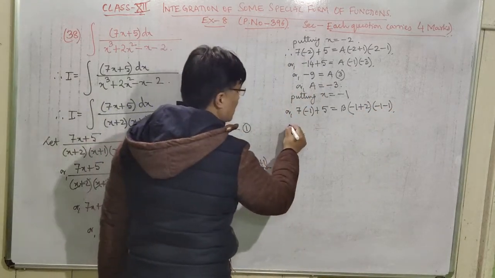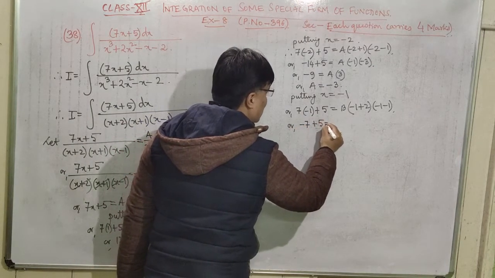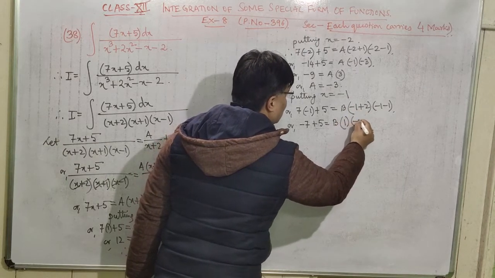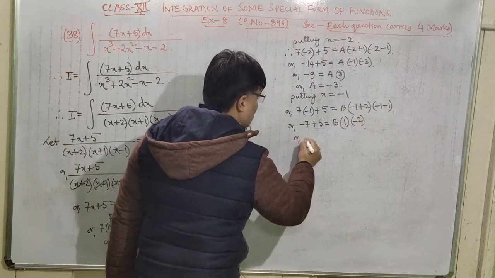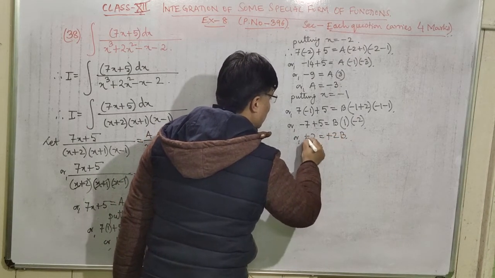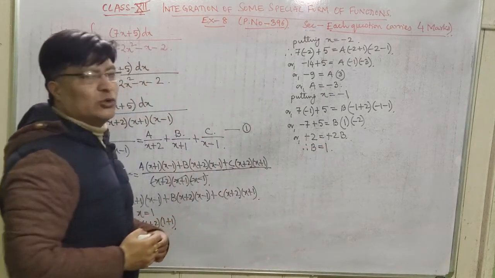Is that clear? So now this is minus 7 plus 5 is equal to b into 1. Or this is minus 2 is equal to minus 2b. So here minus minus cancels. So what is the value of b here? b is equal to 1.